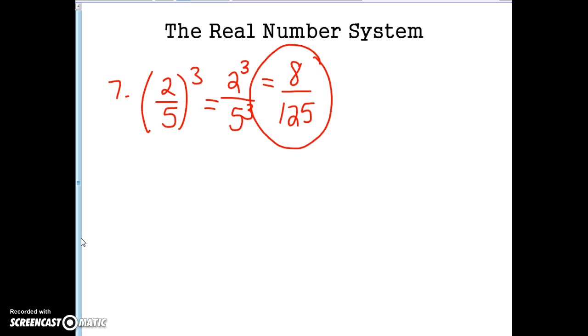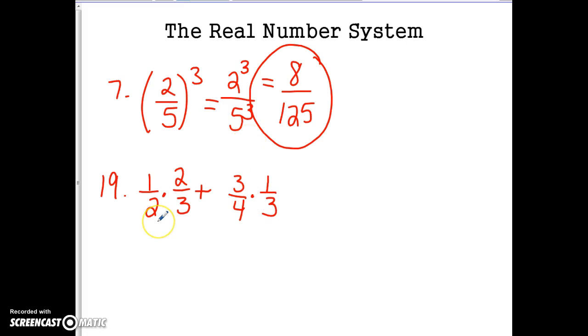Alright, Objective 2 is using the order of operations, so using PEMDAS. Careful with a couple of those, like number 19 and 20 have fractions. So let's look at number 19. It's 1/2 times 2/3 plus 3/4 times 1/3.